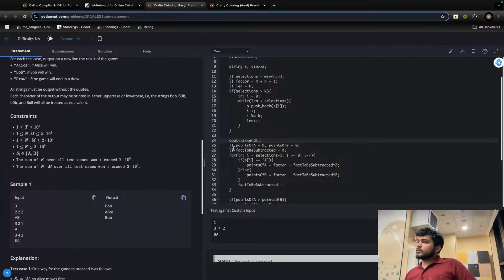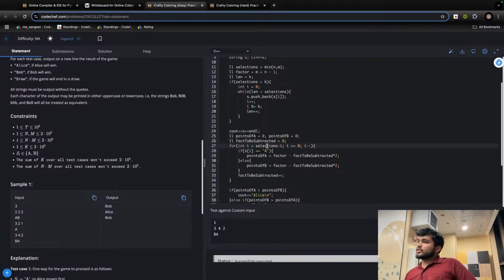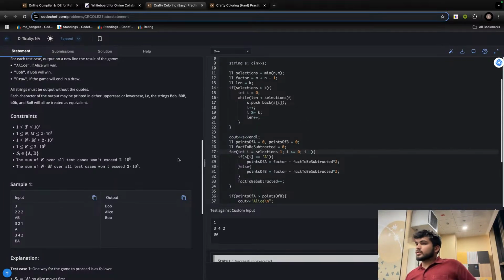Then points of A, points of B, factor is this. Selections minus 1. Okay. Selections minus 1 will be, what is selection? Selections is 3, so minus 1 will be 2. It is fine. SI is A, then power of A. Although we need to add. What am I doing?